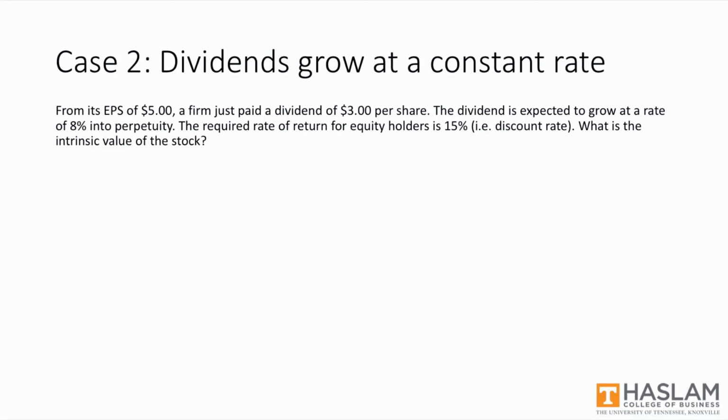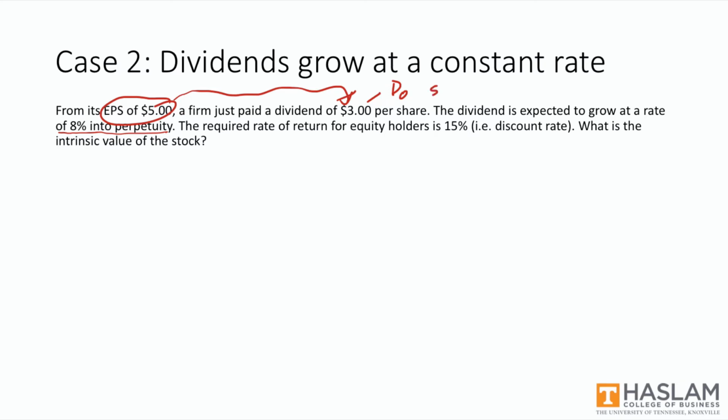An example for case 2, we see a firm with earnings of 5. We recognize this firm is keeping some of its earnings and reinvesting in new projects and then paying the remainder out as a dividend. So we get a $3 dividend per share. We do have this growth rate again of 8% into perpetuity. One quick thing to note here is this $3 is the dividend it just paid, so we think of that as D0.